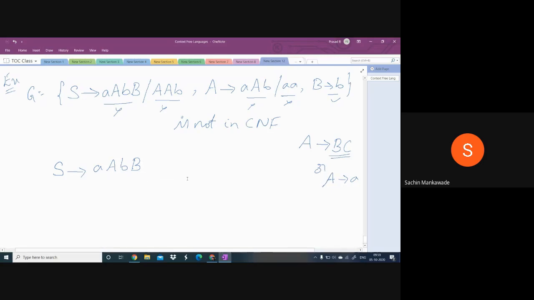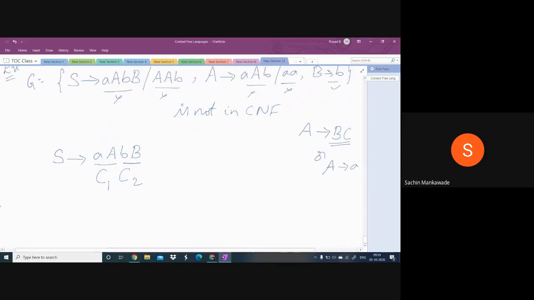We take this as one symbol and this as another. I am taking AA as one non-terminal, C1, and BB as C2. So here the new grammar will be this one.